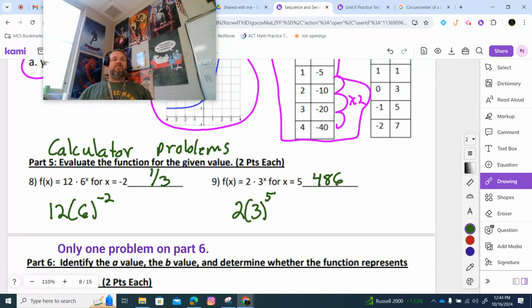All right. So, that's part 5. It's a calculator problem. It should be easy.